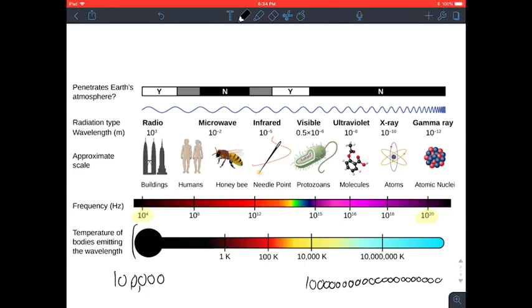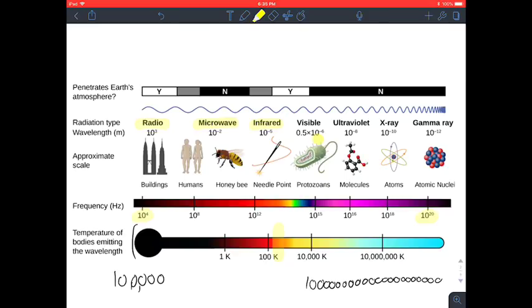If we're ordering these from lowest to biggest frequency, we have radio waves. They're the smallest frequency, biggest wavelength. Then microwaves. Infrared. Remember, infra means below, so right below red. Looking down here at our color chart, infrared is below this red area.